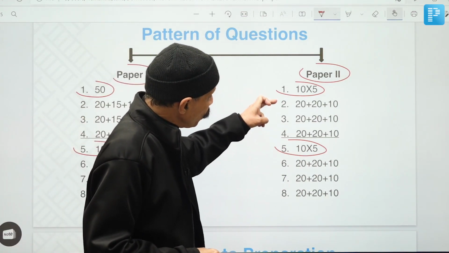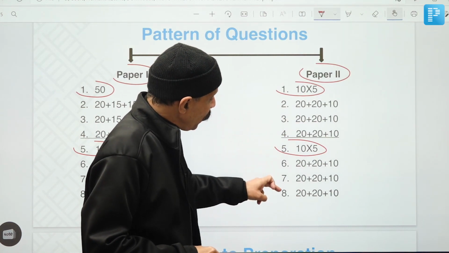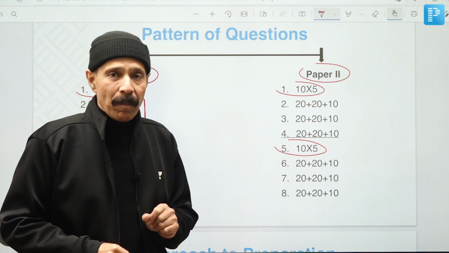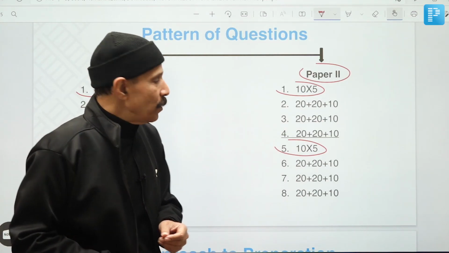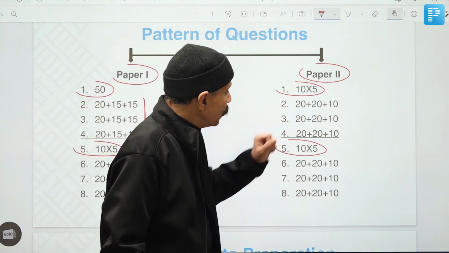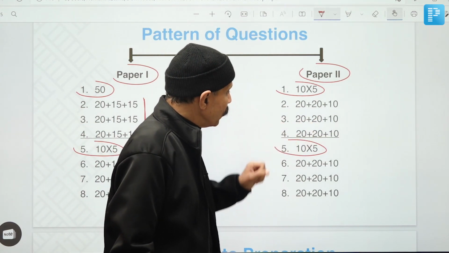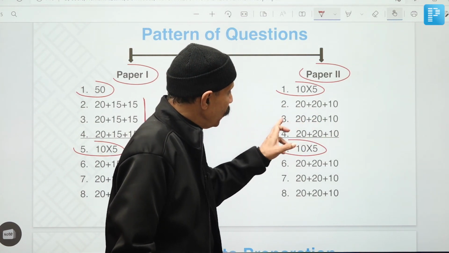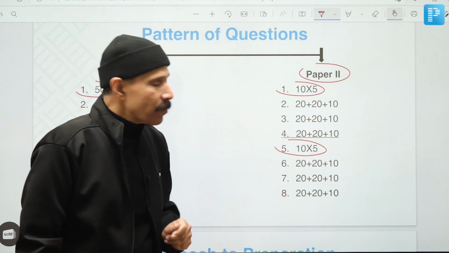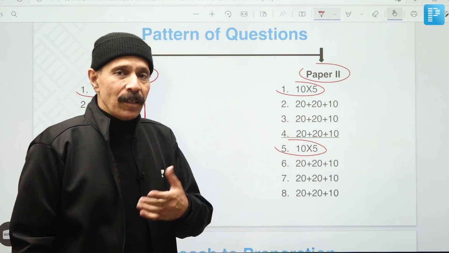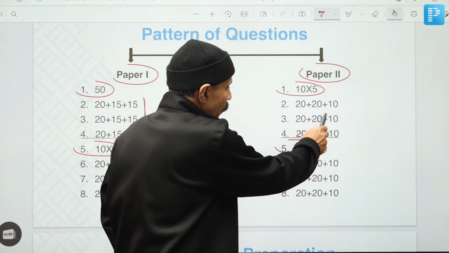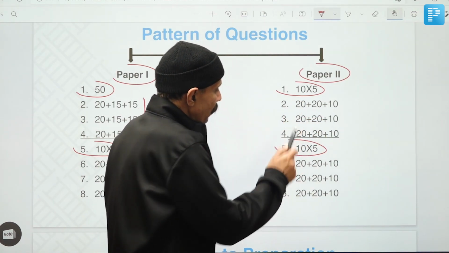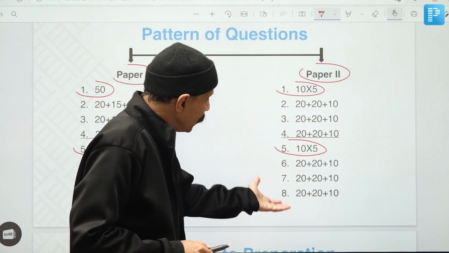And with respect to question numbers 2, 3, 4, 6, 7, 8, there are 3 parts. This means in 2 there are 3 questions, in 3 there are 3 questions. It's something like 2 A, B, C, 3 A, B, C, and so on. And the pattern of the marks is 20, 20, 10, and that is followed in all the rest.